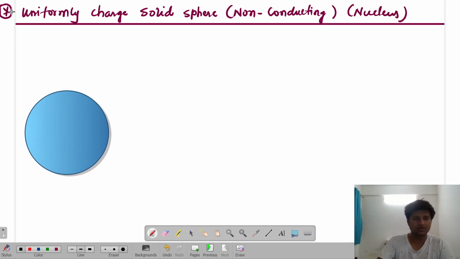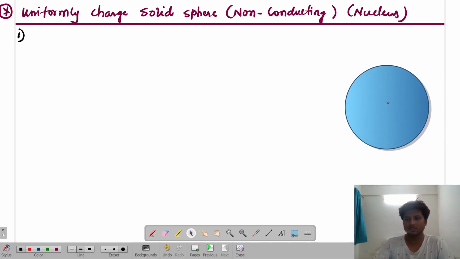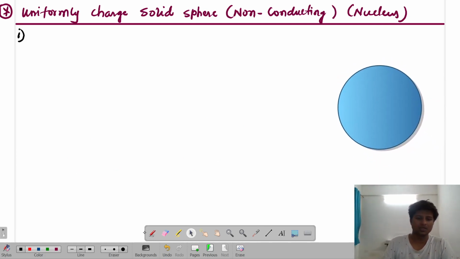So we will take the first case. Case 1: at exterior region.